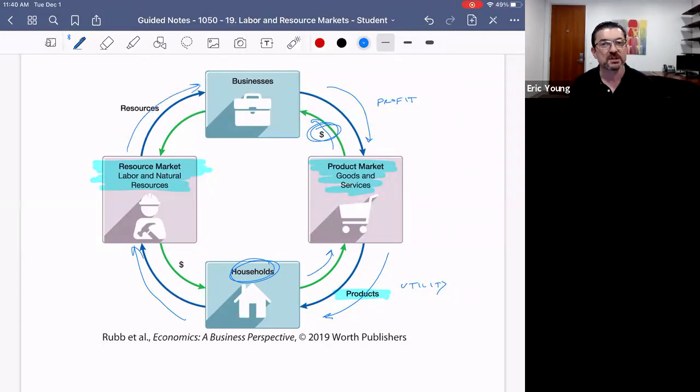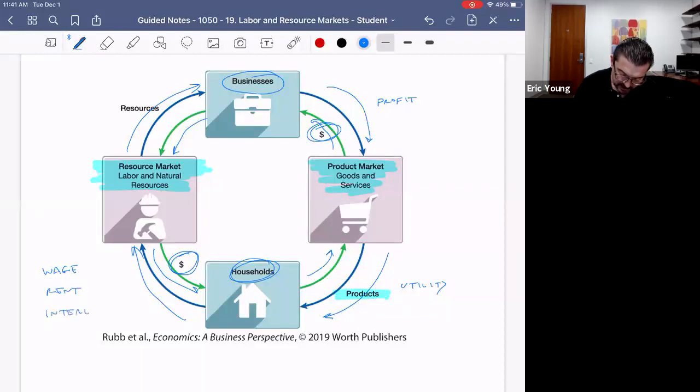They use those resources to make the goods and services. And in exchange, the businesses up here have to give us income. We know that that income has different names: wage, or rent, or interest.